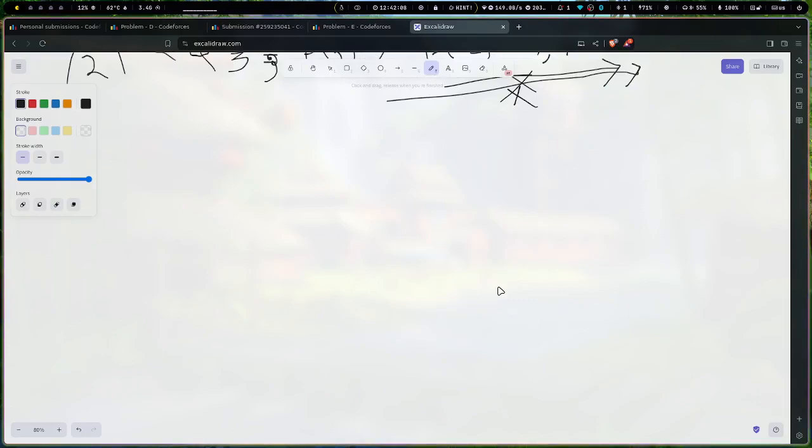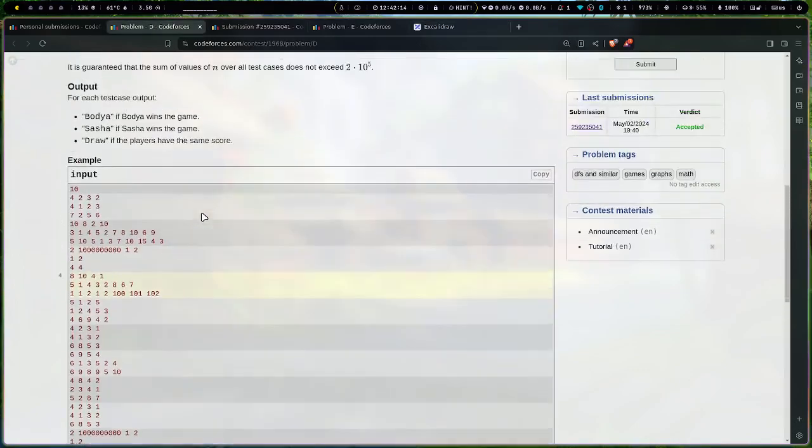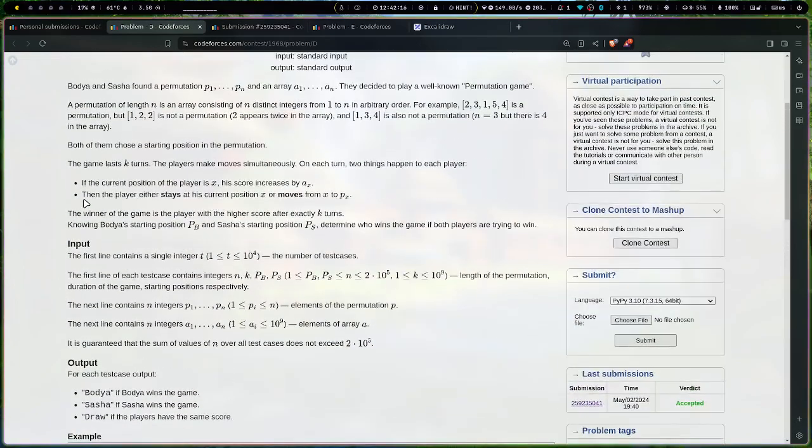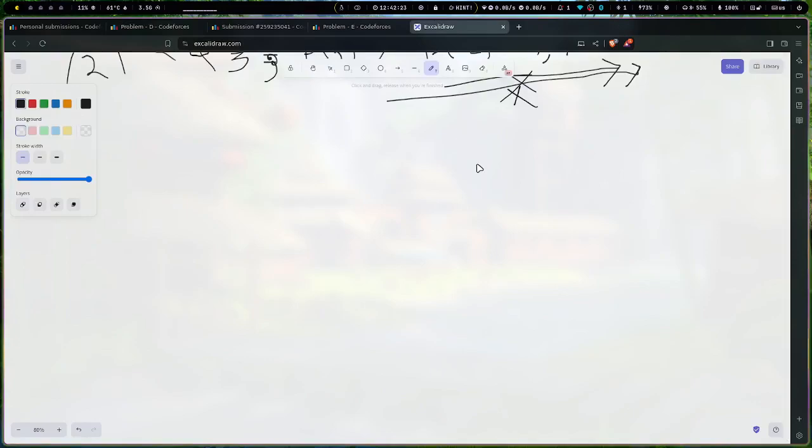After doing this, there is a very small trick to solve such problems, when it is given that they can either stay at the current position or move forward. You don't have to do anything else. I will show you the code, and you will understand it.